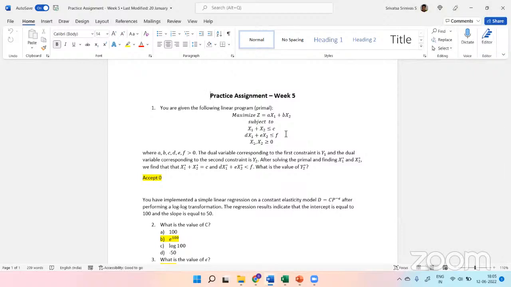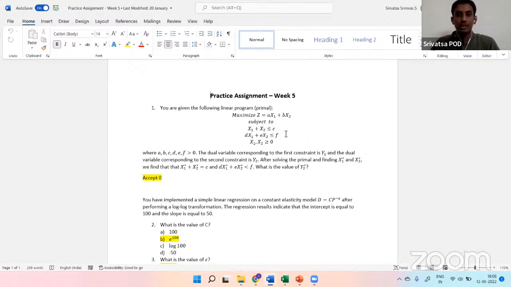Yes. Okay, all right. So this was the practice assignment from week 5, which primarily covered the application of linear regression to a constant elasticity model. Subsequently, there was an introduction to operations research and linear programming in particular. The first question in this practice assignment was the following.